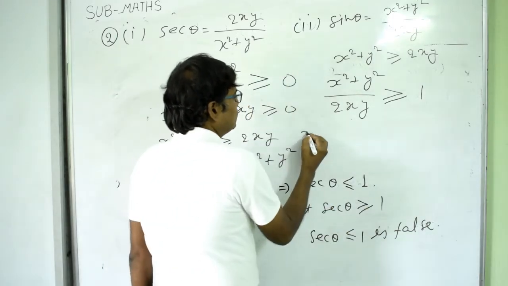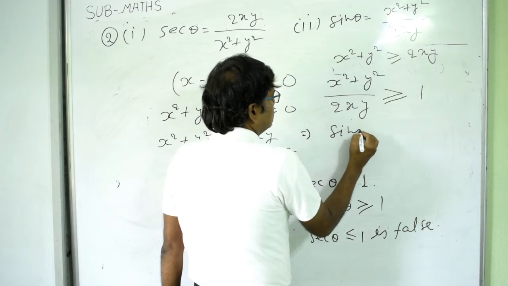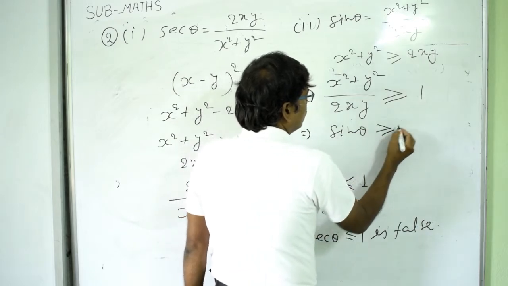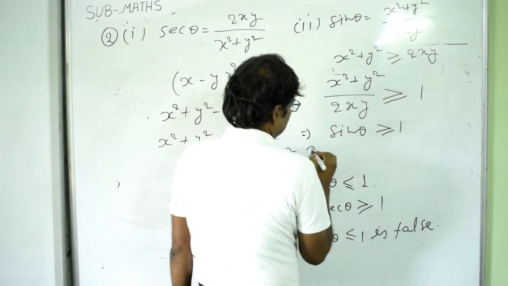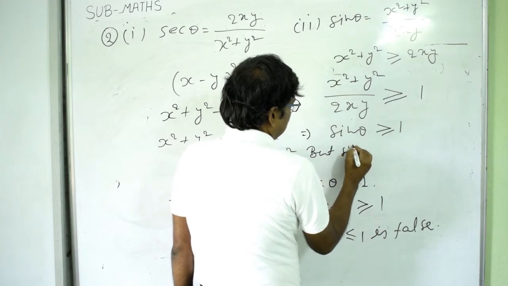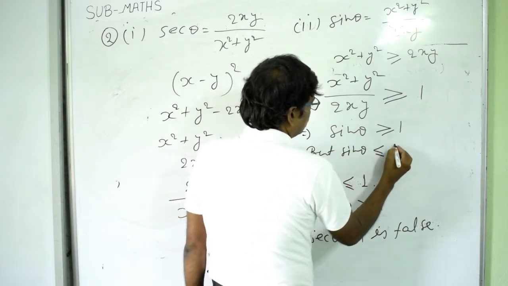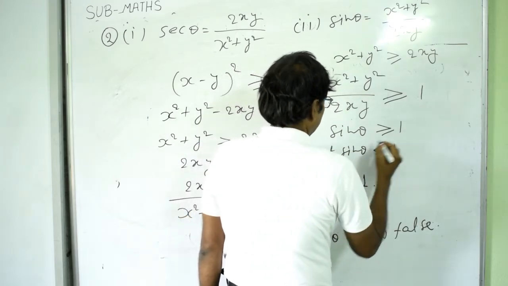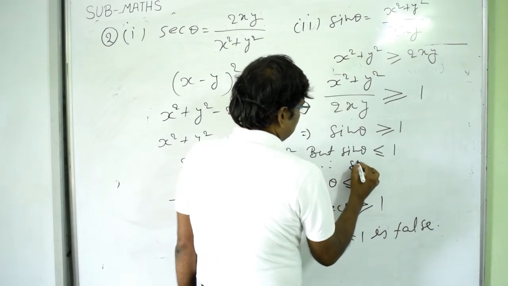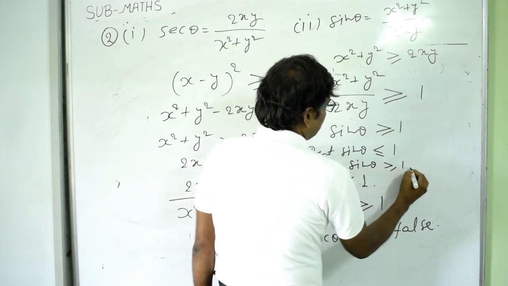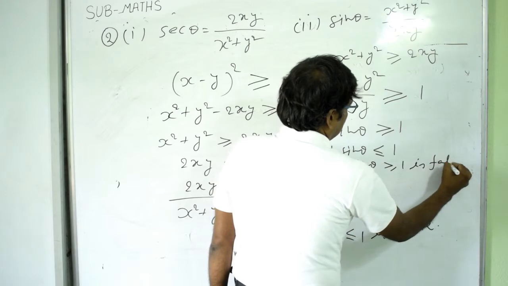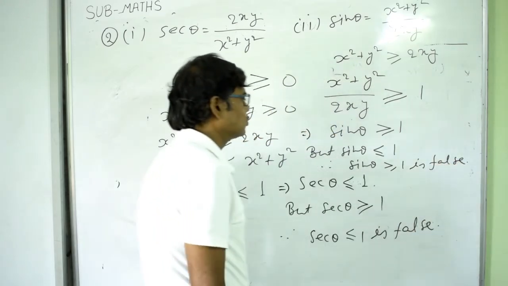So this implies sin theta is greater than or equal to 1. But sin theta is less than or equal to 1 always. So therefore sin theta greater than or equal to 1 is false. This is also false.